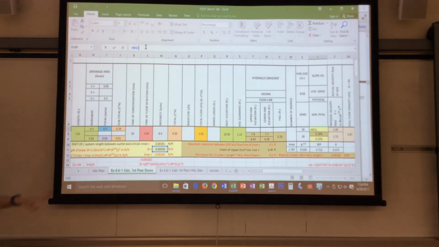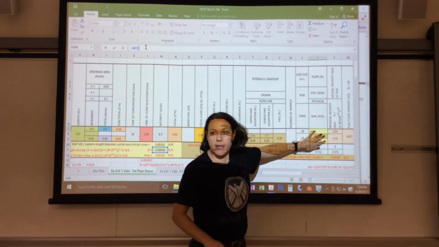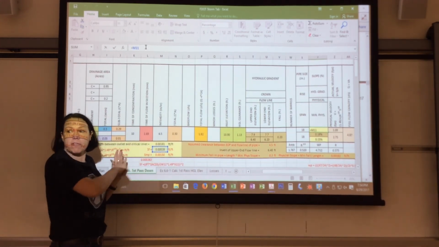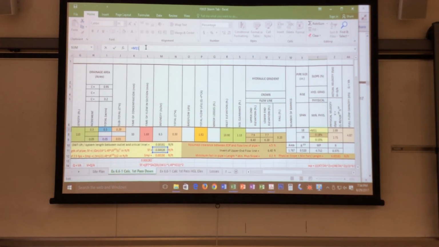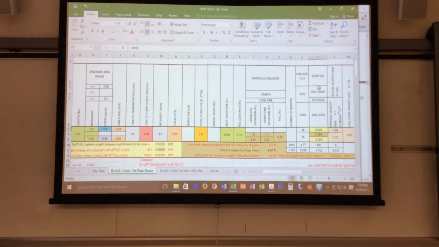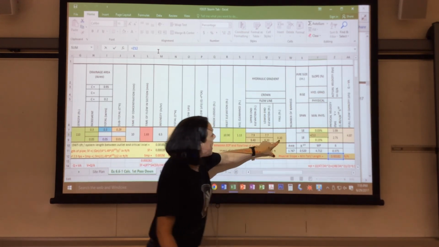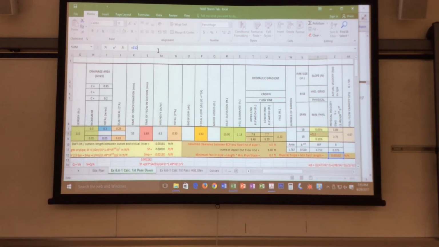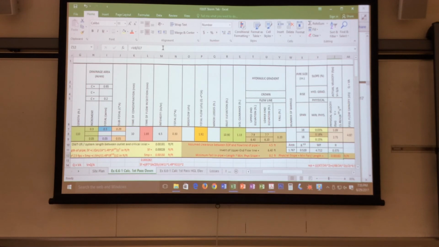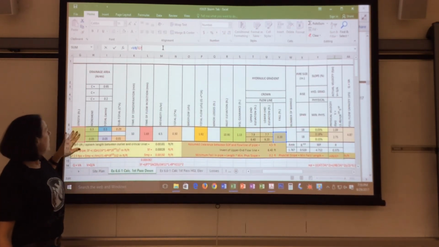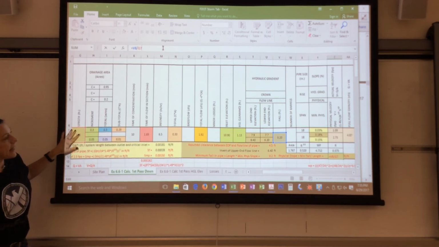So if you highlight that, I've referenced this cell. Now, I could have put all of this data right there, but I like to be able to see where all my stuff has come from, and I can reference it when it's just a solid number. The physical slope, if I look at this one, is referencing this cell here. So the physical slope is just that 0.2 fall divided by the 110 feet in length.